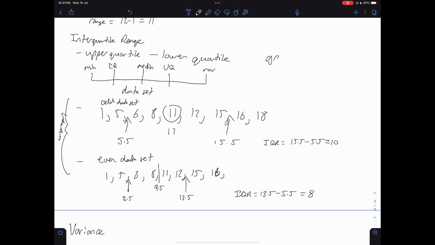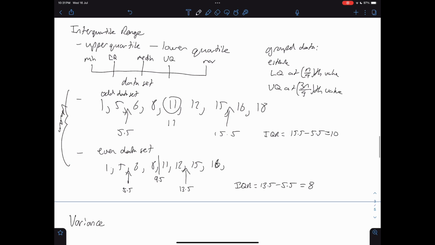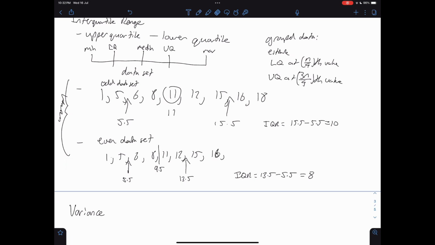For grouped data, estimate LQ at the n over 4th value and UQ at the 3n over 4 value. But anyway, continuing back to variance.